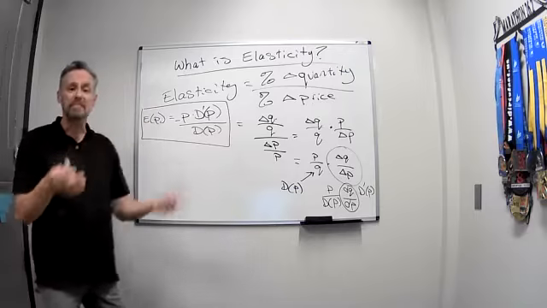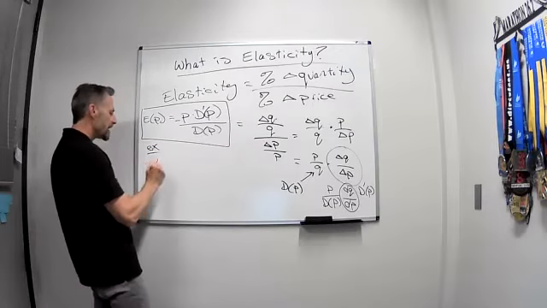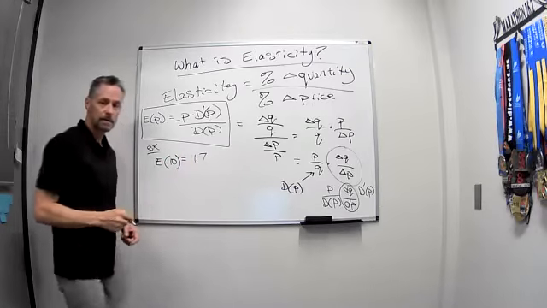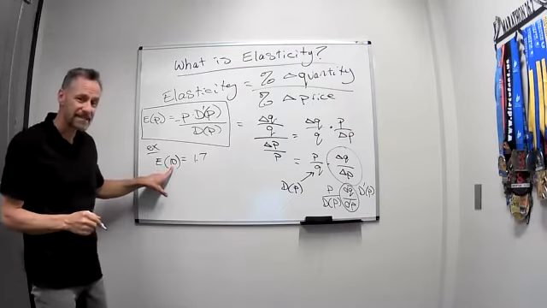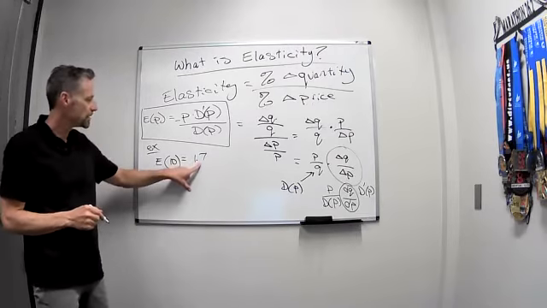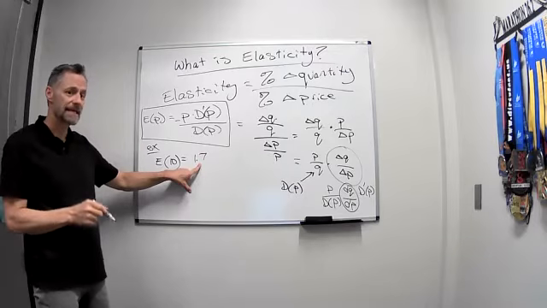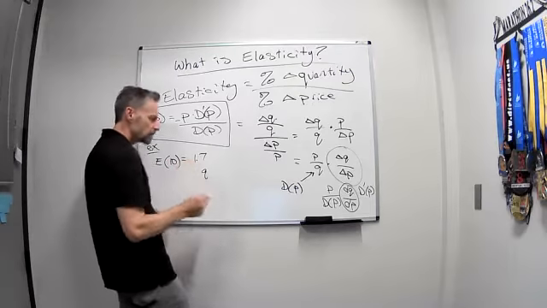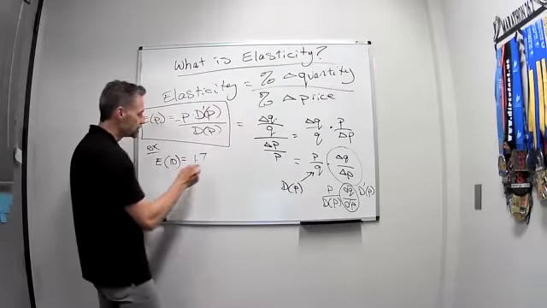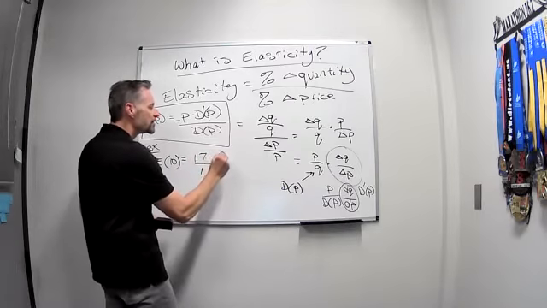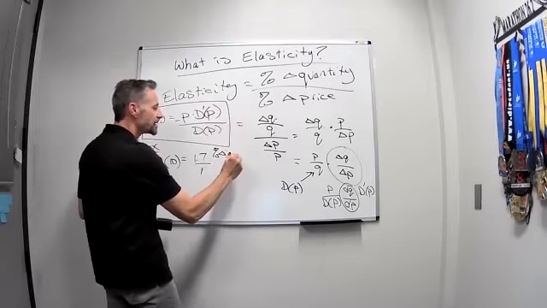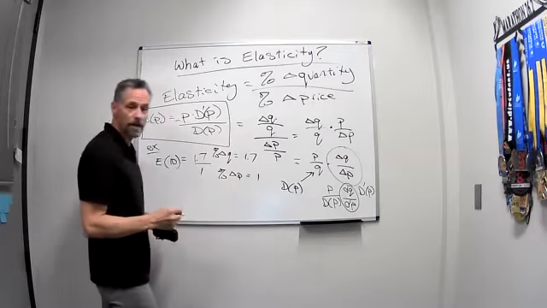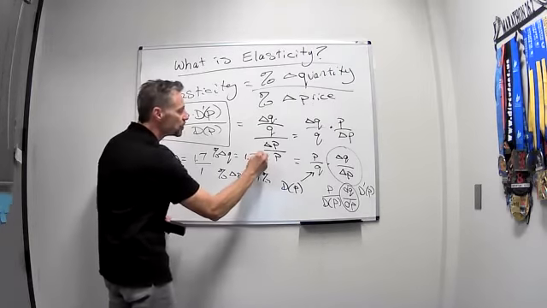And again, what does it mean? Well, for example, if I get E of 10 is 1.7, that means when the price is $10, this is telling us the percent change in quantity over the percent change in price. In other words, we can think of the change in price as over 1. So the percent change in quantity is 1.7 when the percent change in price is 1. So if this is 1%, this is 1.7%.